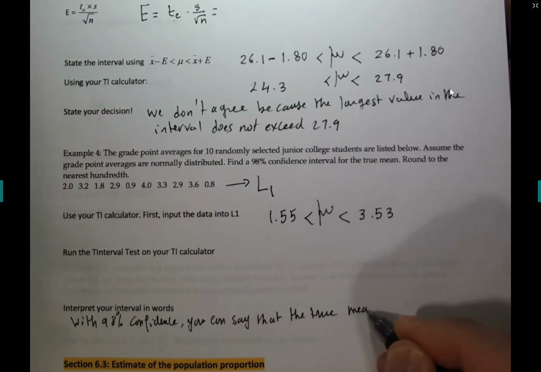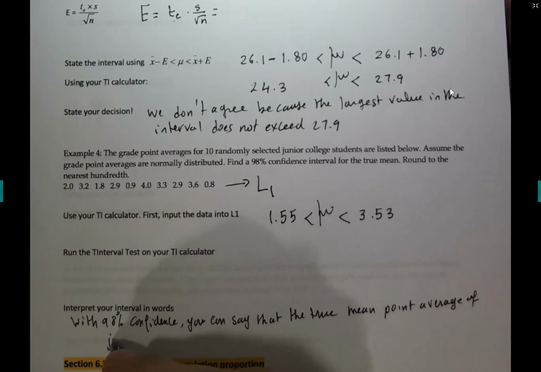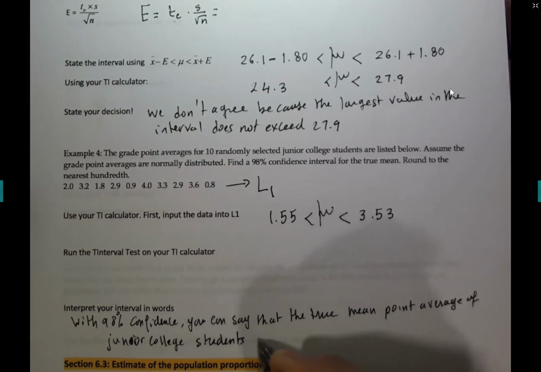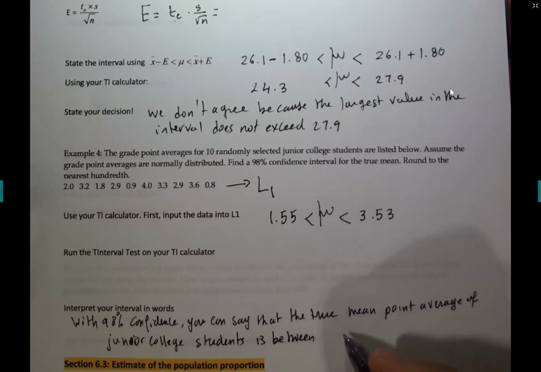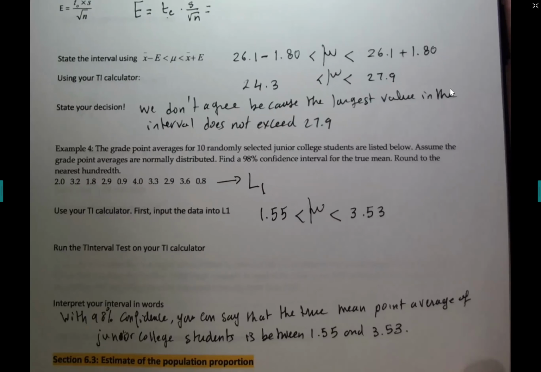The true mean grade point average of junior college students is between, don't forget the word between in those intervals, 1.55 and 3.53. That is the GPA.